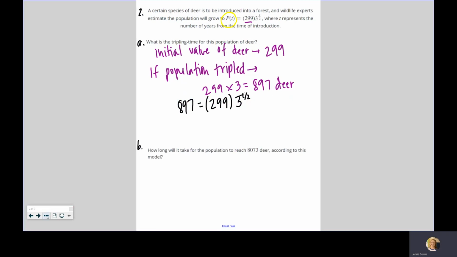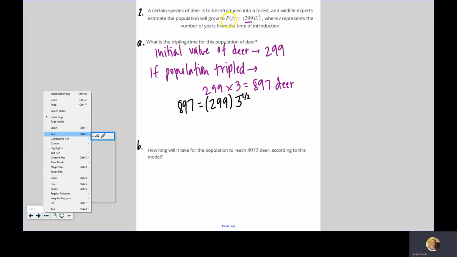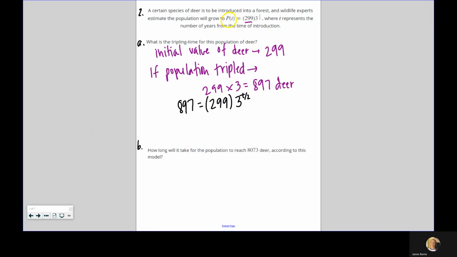Okay, so we're trying to solve for T because T is time. It says, what is the tripling time?